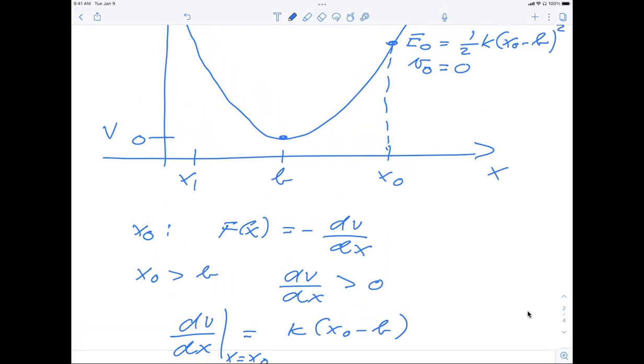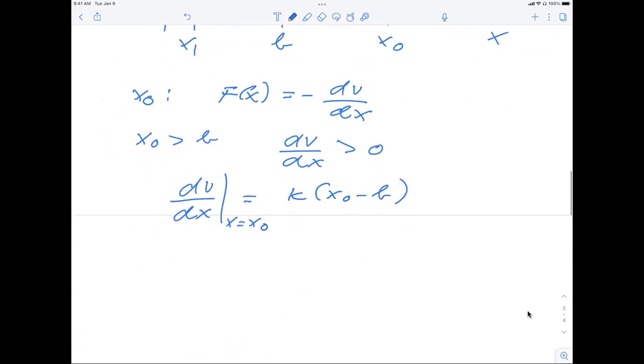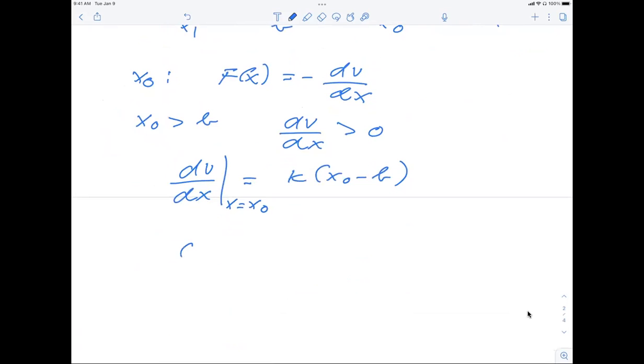So that means that in this specific case, the object has a potential energy which has a derivative which is positive. It means that F itself is negative.